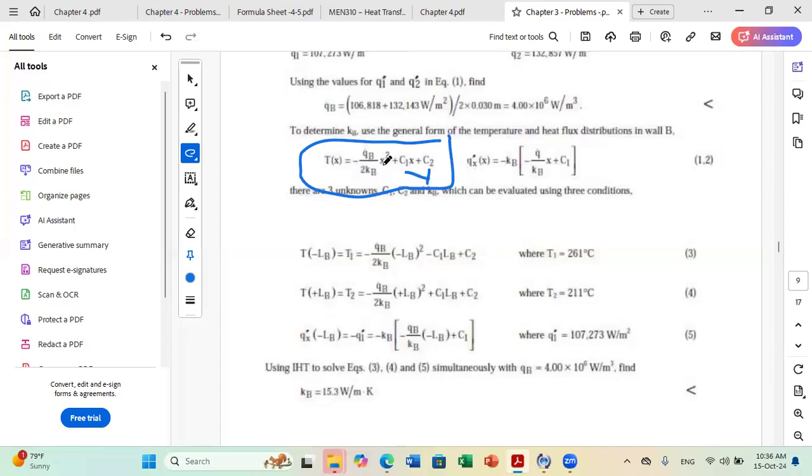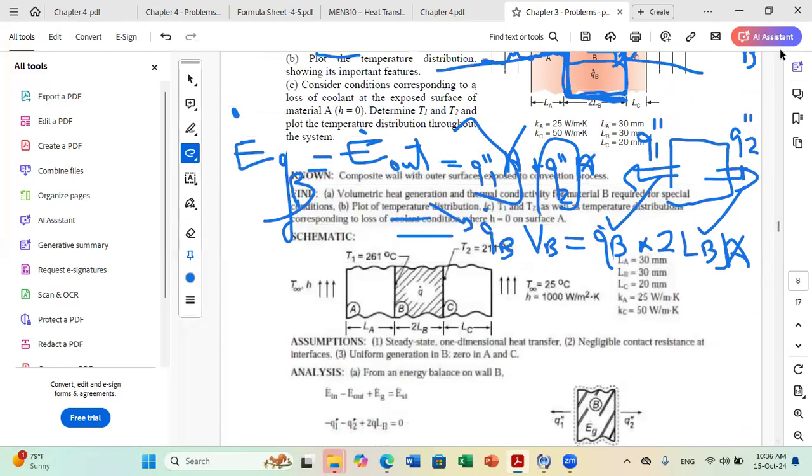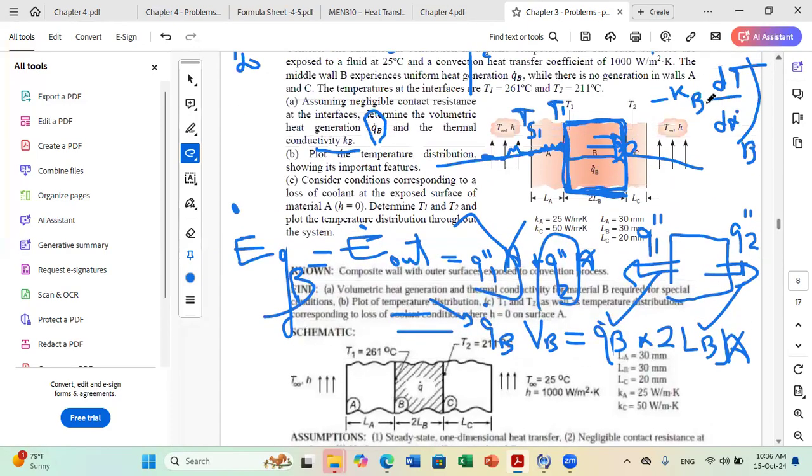To find c1 and c2, you need two boundary conditions. What are your conditions here? You know the extreme temperatures. If you take the origin at the middle of the wall, at x equal plus LB, you have T2. And at x equal minus LB, you have T1.